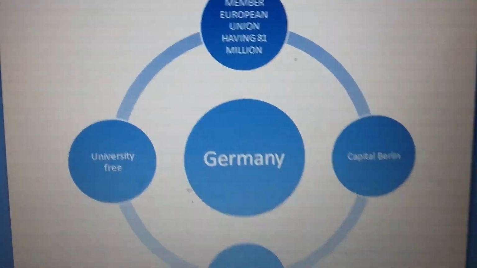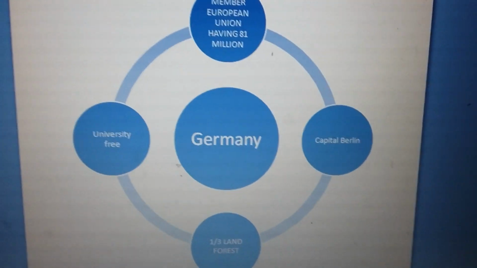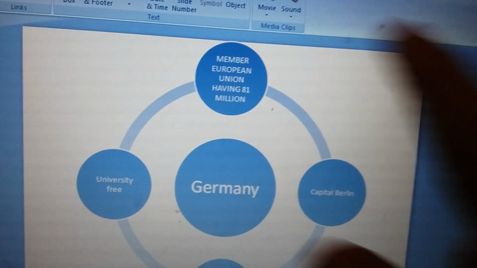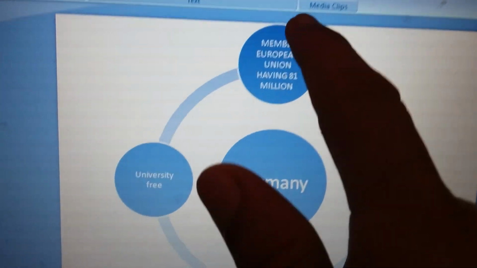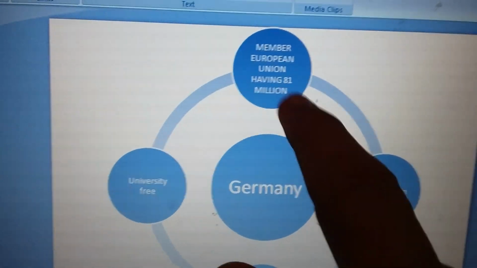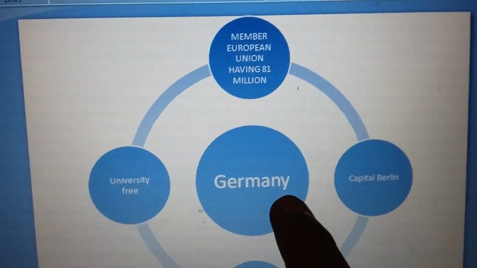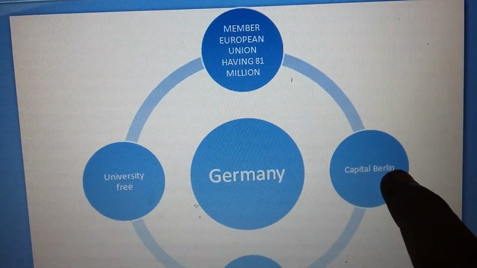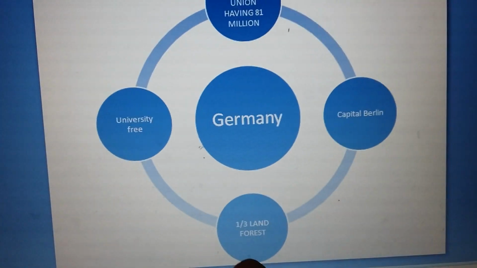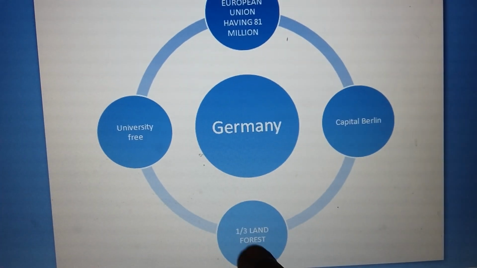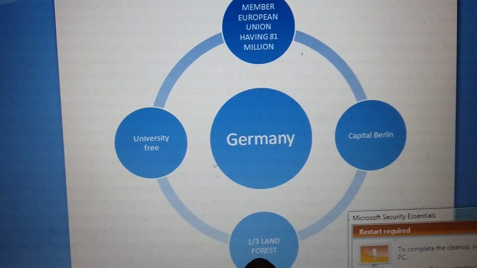And next is, find out some facts related to Germany. Germany is a European country. It is a member of the European Union. It has 81 million population. Its capital is Berlin, and one third of the land is forest.